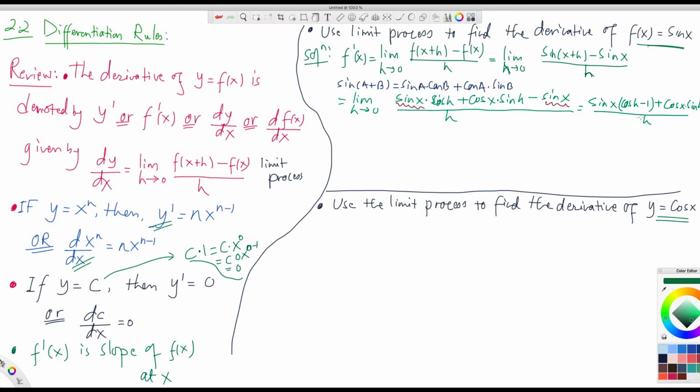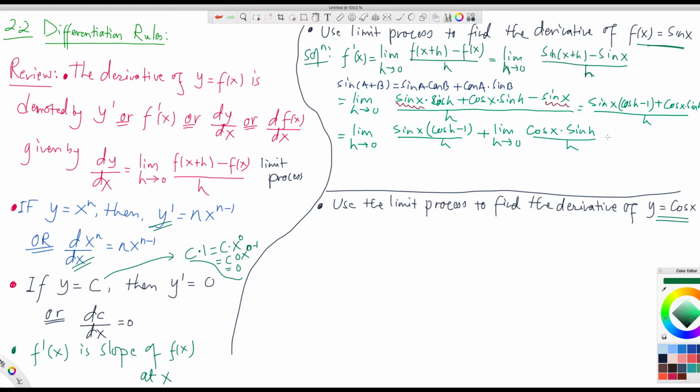So what I want to do next is split the denominator. You can write this as the limit as h tends to 0 of sine x times (cosine h minus 1) divided by h, and then I can distribute the limit as well: limit as h tends to 0 of cosine x times sine h divided by h.